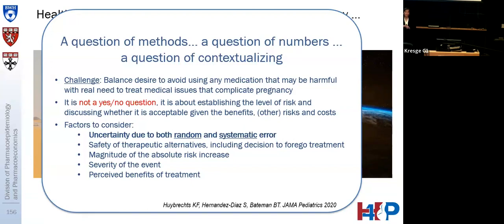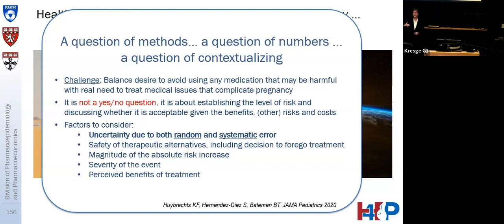Because the challenge we're dealing with is that we want to avoid using any medication that may be harmful during pregnancy, but we have to balance that with the real need to treat medical issues that complicate pregnancies, as Dr. Bowen has been describing. And unfortunately, it is not a yes or no question.